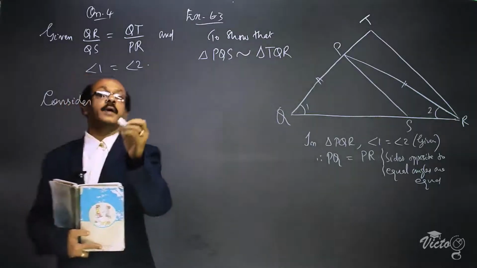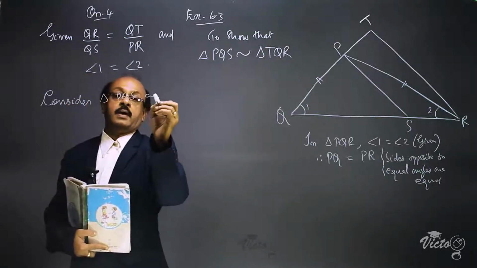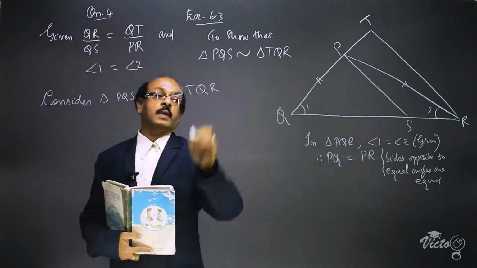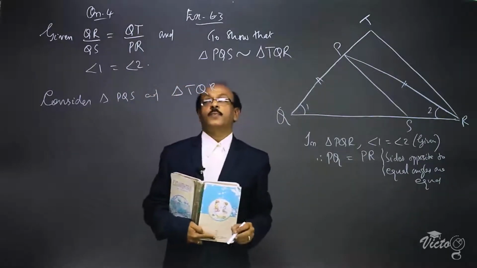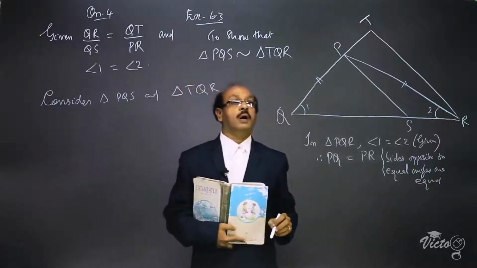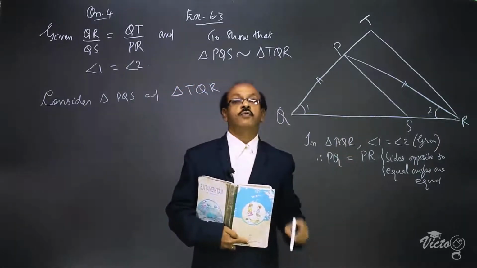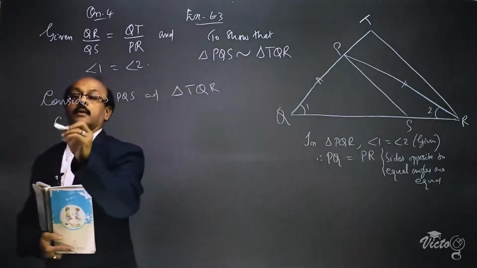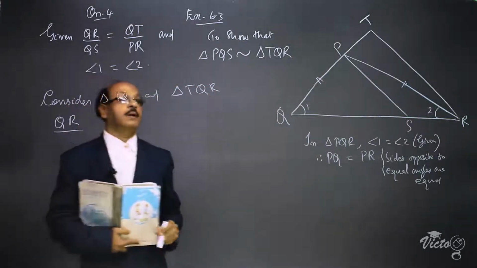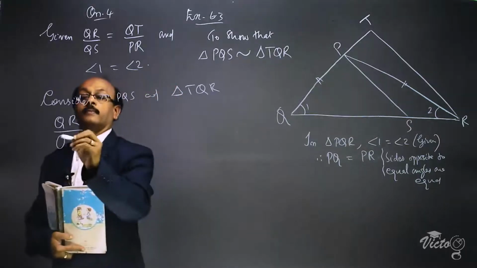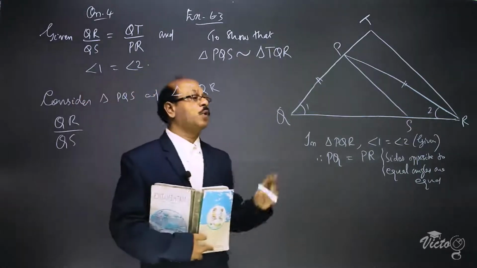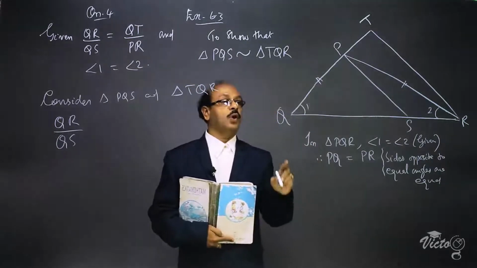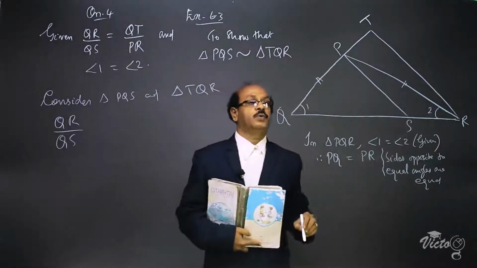Consider triangle PQS and triangle TQR. QR is the length of one side of the larger triangle and QS is the length of the smaller triangle PQS.